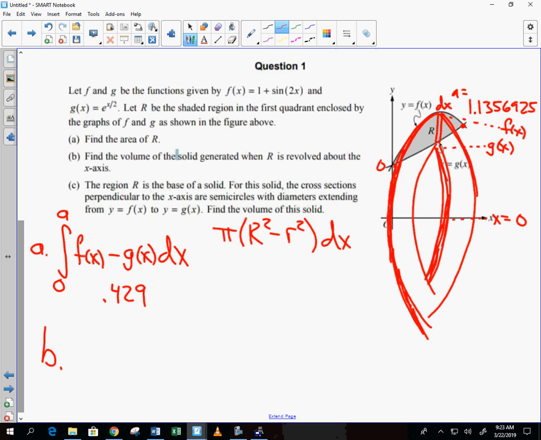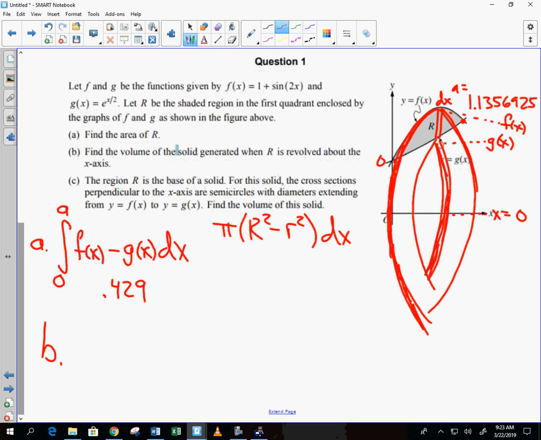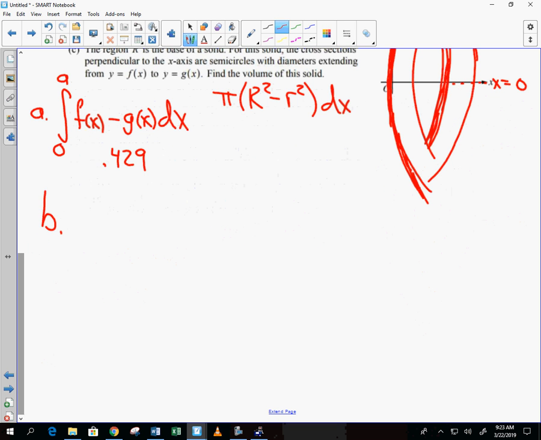So therefore, in order to determine this volume, I set up the integral times pi from 0 to a of big R squared. Which one is big R? F of x. So f of x, quantity squared, minus g of x, quantity squared, dx.